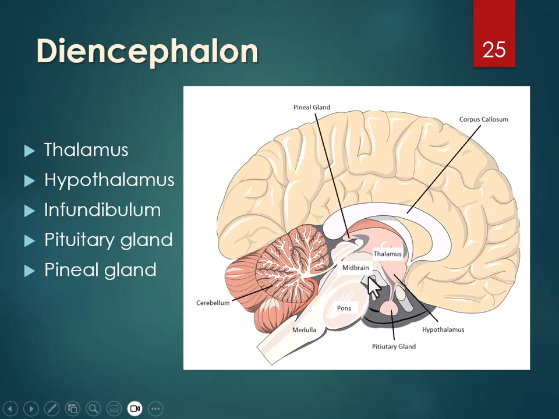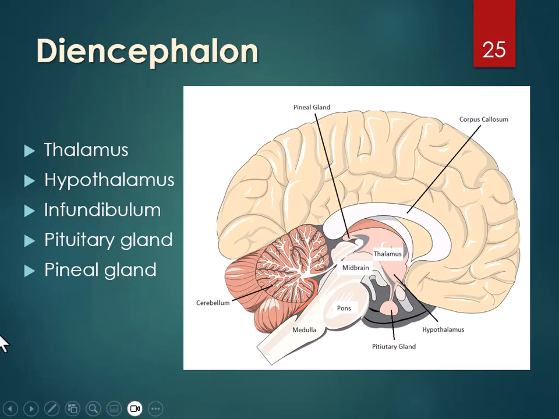Okay, so somehow the body knows that you're 12 or you're 50, and menopause hits if you're a woman, and at 12 puberty hits if you're a boy, for example. So the diencephalon does a lot of the keeping you alive stuff, but also regulating homeostasis.